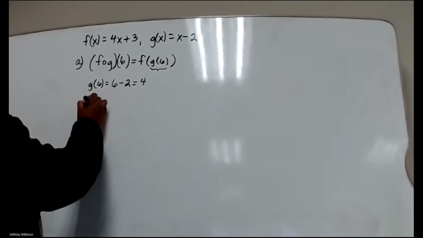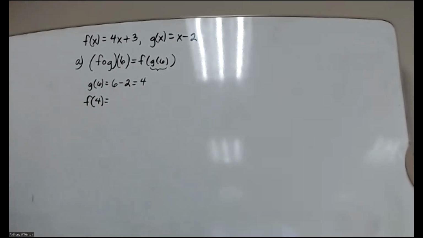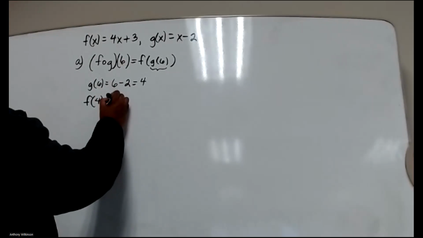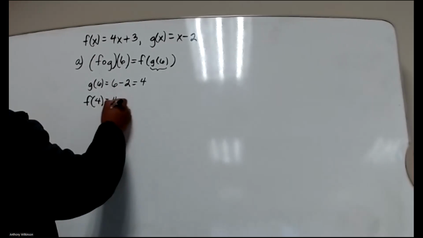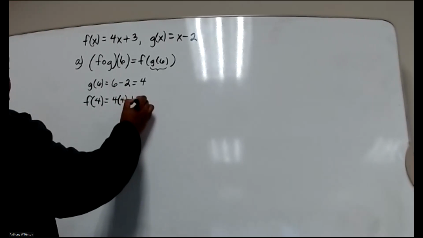So I'm going to be evaluating f of 4. Here f(x) is 4x + 3. I'm going to substitute the x in f(x) with the value of g(x), which was 4. So it'll be 4 times 4 plus 3.